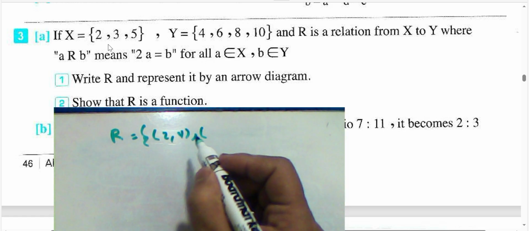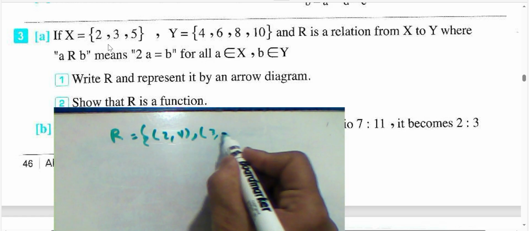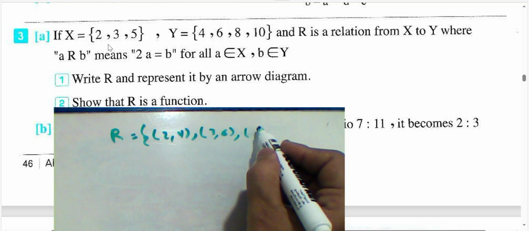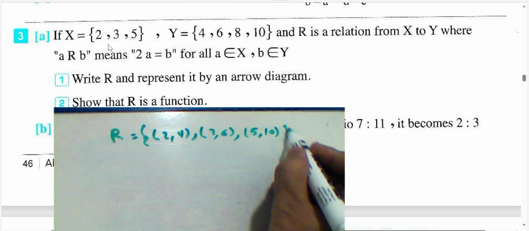And second, 3 times 2 is 6. And then 5 times 2 equals 10.